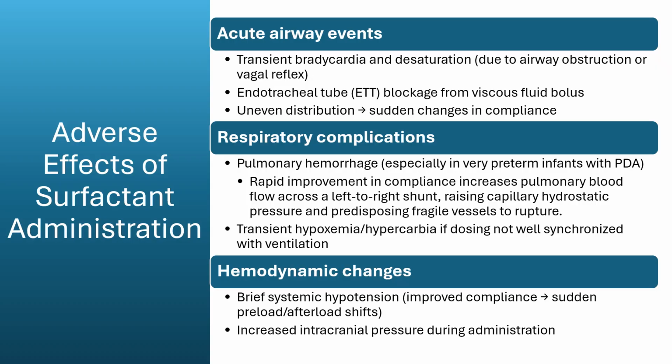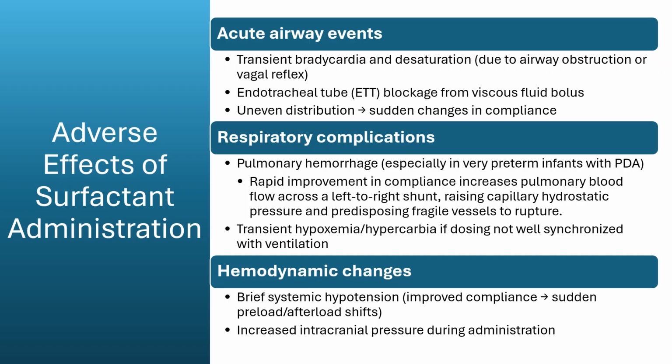Acute events during administration are usually related to airway obstruction or reflex responses. Transient bradycardia and desaturation often occur when the endotracheal tube is blocked by a viscous surfactant bolus or when vagal reflexes are triggered. Uneven distribution of surfactant can abruptly change compliance, producing asymmetric ventilation.